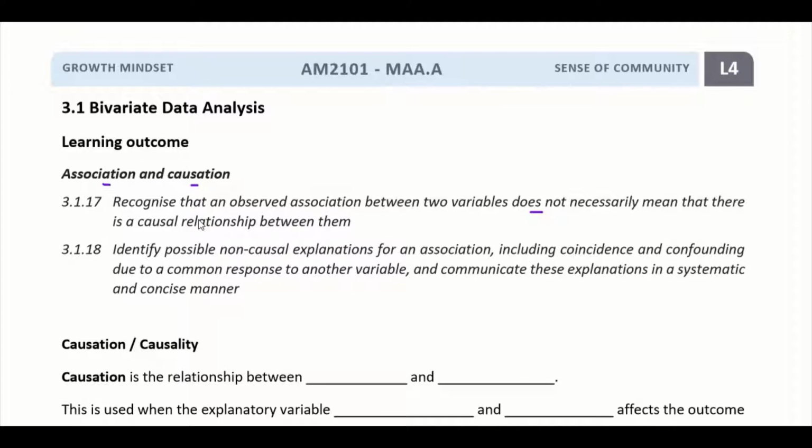We'll be looking at a few explanations, including coincidence, the confounding variable, and common response. Then we are going to try to communicate the explanation in a more concise manner. So basically that's the idea for today's lesson. Let's start with the first one.